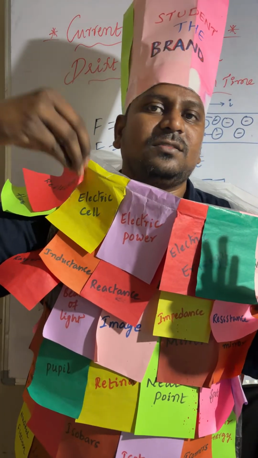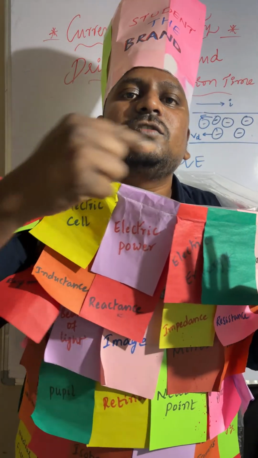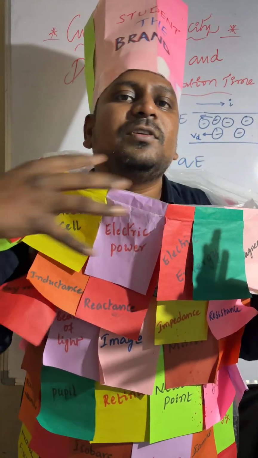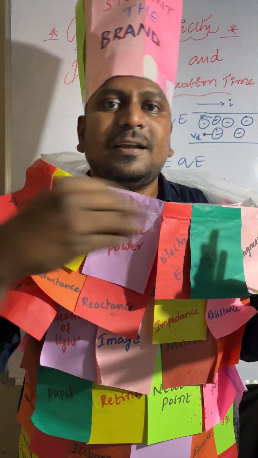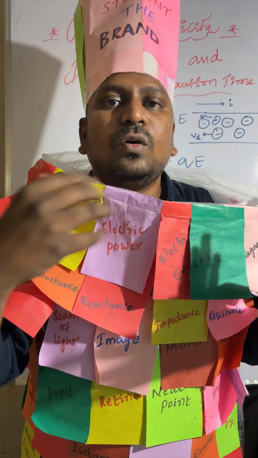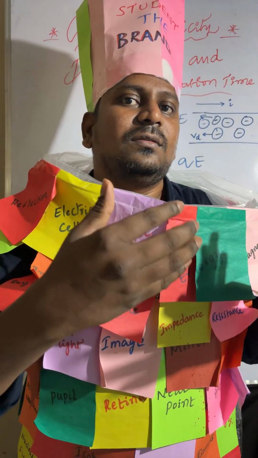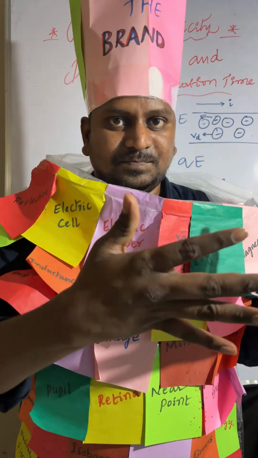One electron will hit this electron, and again it goes and hits another electron. So this time gap is there, right? It will take a certain time to reach the next collision.